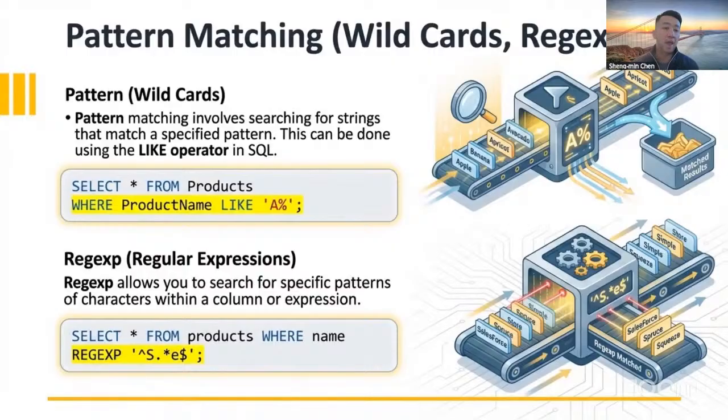They all start with a capital A and it doesn't matter how many characters come afterwards. Now, using underscore is specific on the number of characters that you are allowing to be a wildcard, right?